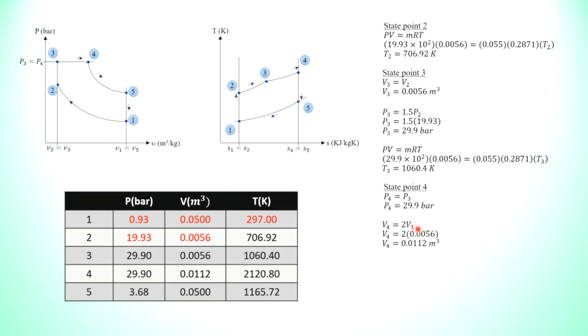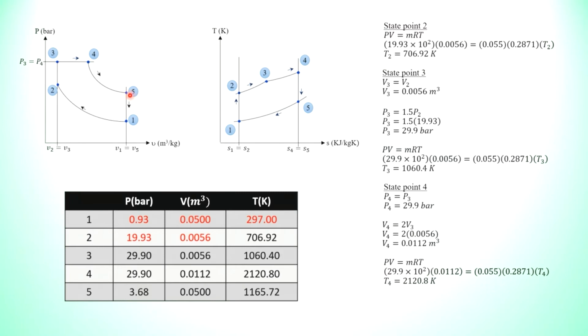So V4 is equal to 2 times V3, and you will be able to find your V4. Pressure P4 you know, V4 you know, then with the ideal gas law you will be able to find T4.